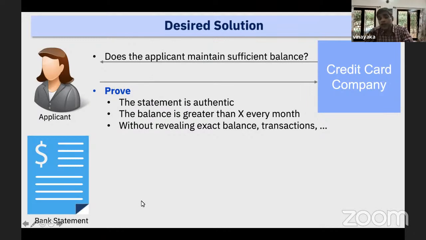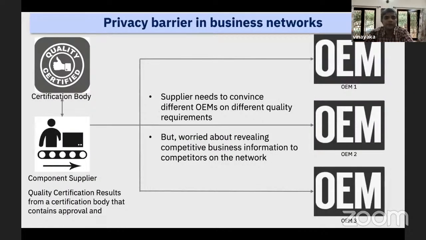I don't get to see the data, but I have been given a proof which I can verify myself, which satisfies the property that I'm looking for. This looks a little mysterious, but for now, just go with me saying that this is the kind of solution that you are looking for. So this is one simple example.